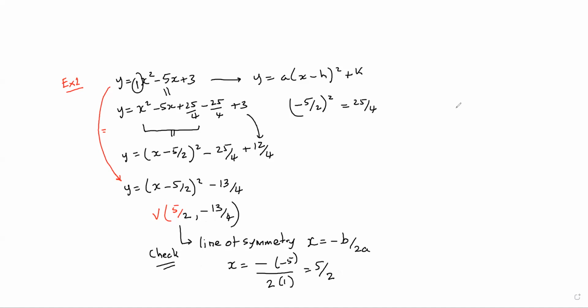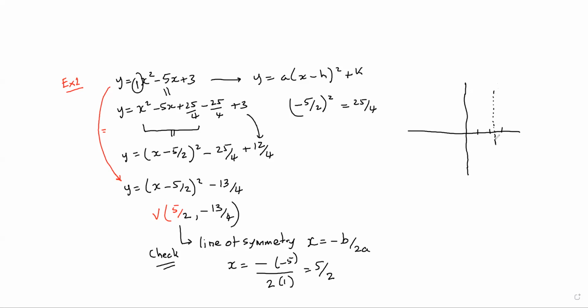So if we were going to graph it, I won't find the x-intercept here because it's a bit messy and I don't have it in my notes. But I can get it with my photo math if you want. So our line of symmetry, so 5 on 2, that's 2.5. 1, 2 here.